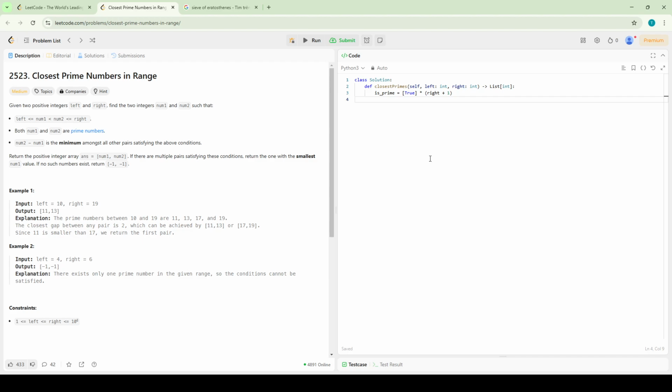There is no index 3, hence why I need to do right plus 1.